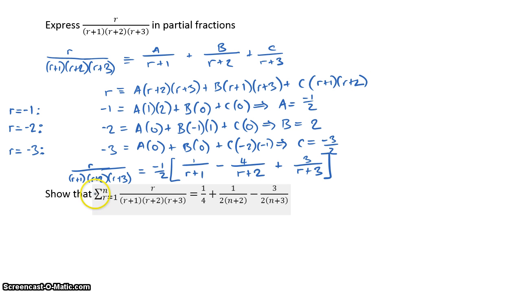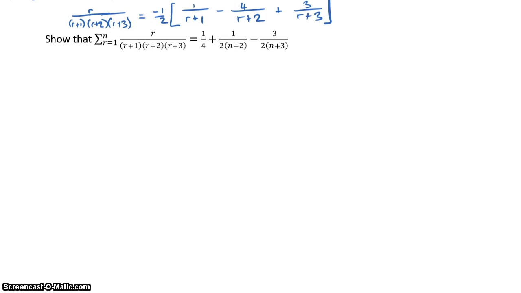Right, so the next thing I have to do is show that this is equal to this. And maybe not obviously, but they're trying to give us a hint by getting us to write this in partial fractions. So what the question wants us to do is use our partial fractions to replace this horrible expression inside the summation.